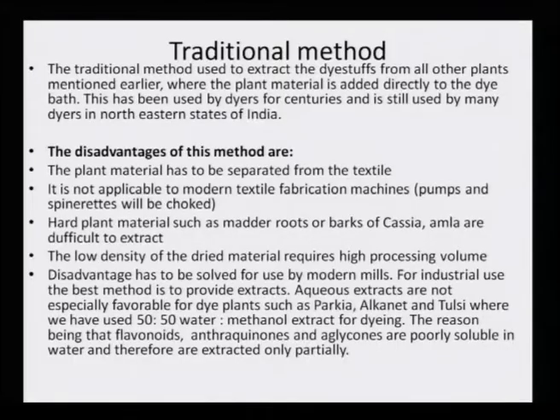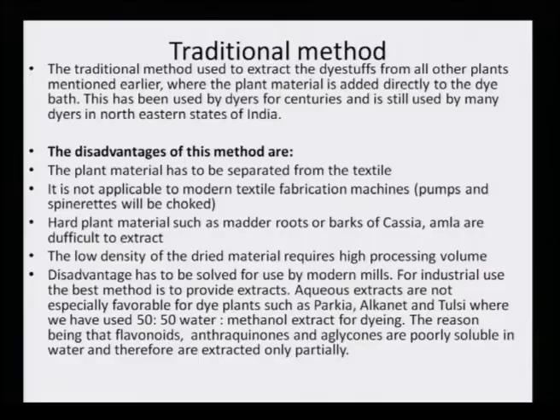Traditional method. The traditional method used to extract dye stuff from all the plants mentioned earlier is where the plant material is added directly to the dye bath. This has been used by dyers for centuries and is still used by many dyers in northeastern states of India.